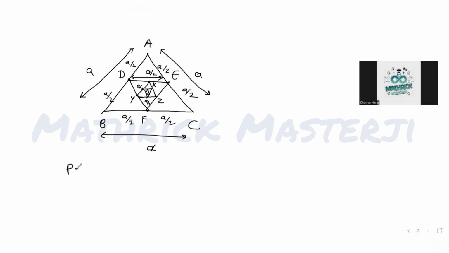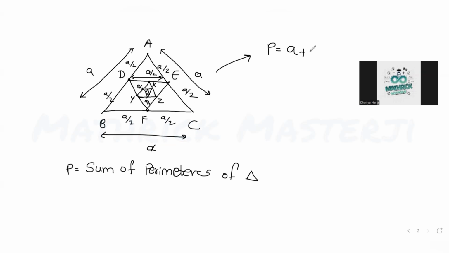Now, P shows the sum of perimeters of the triangles. Perimeter is nothing but the sum of all the sides of the triangle. For the first triangle, the perimeter is A plus A plus A, which is 3A.